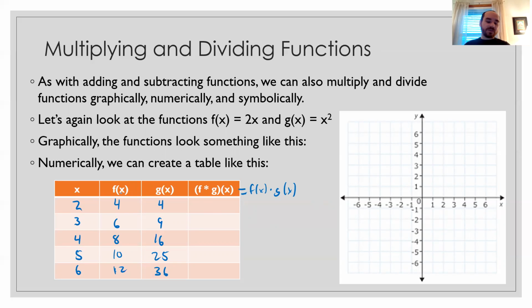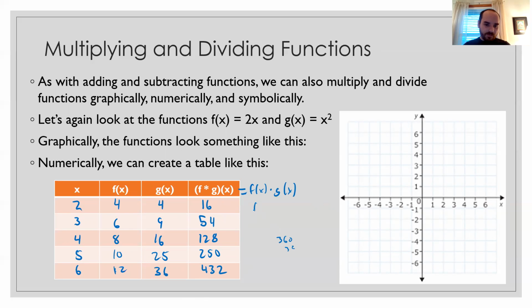And luckily, we've solved already for f of x and g of x. So in this case, we have 16. In this case, we have 54. This one is 128, I think. 250. As you can see, these are getting a little bit out of hand. What is this one, like 432? 360 plus 72, yeah, 432. So this would be what f times g of x is.